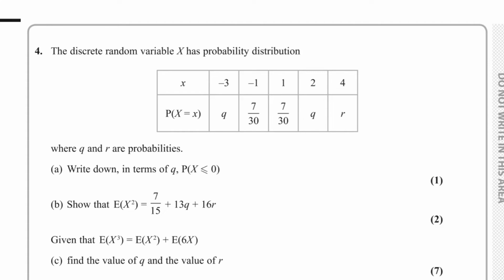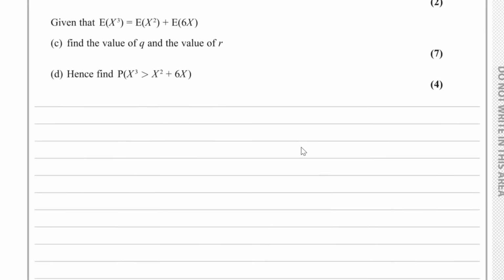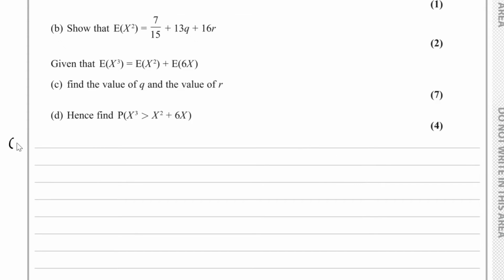Question number 4. The discrete random variable x has probability distribution shown here, where q and r are probabilities. For part A, we have to write down in terms of q the probability that x is less than or equal to 0. Quite straightforward.